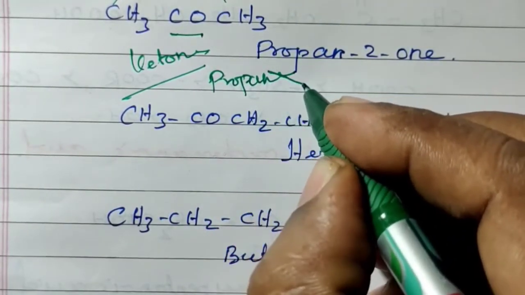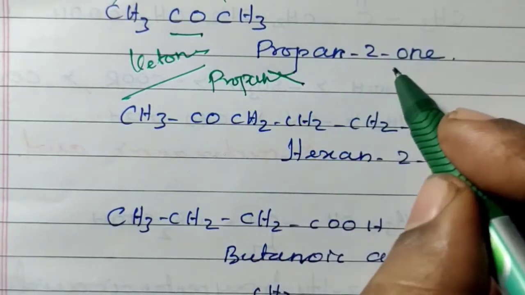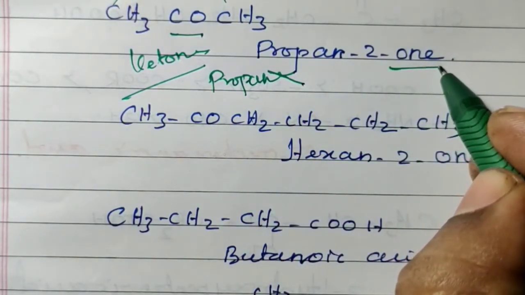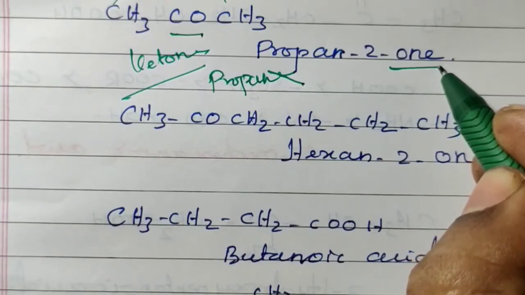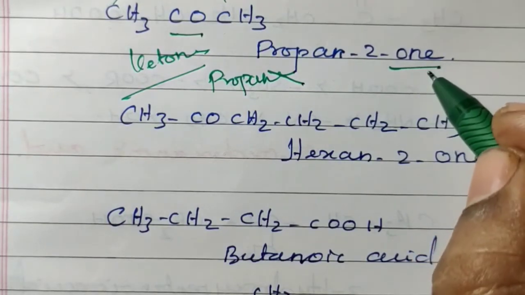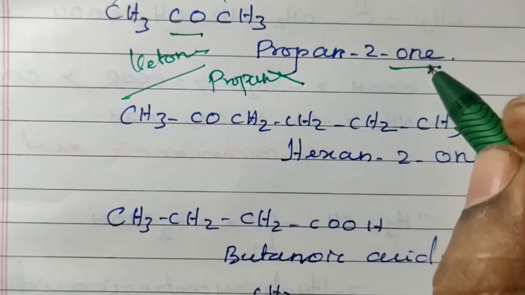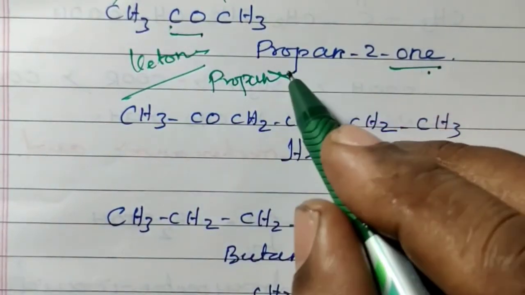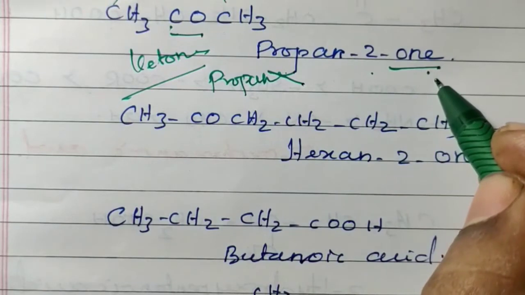Remove that last E. Instead we have to write ONE. Ketone is indicated by the suffix ONE. But that ONE is present in which carbon atom? Second carbon atom. So we are writing propan 2-one.